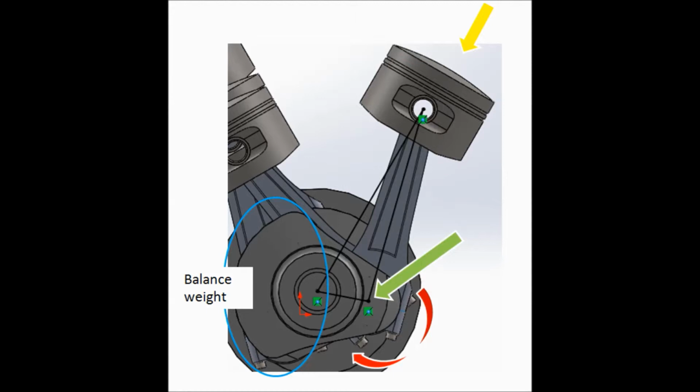The blue oval shape shows the balancing weight, which is used to counterbalance the inertial torque. The balancing weight has the same radius from the point of rotation, and it has the same mass as the inertial torque source, so that both of them have the same magnitude of torque but in opposite direction, so they can counterbalance each other.